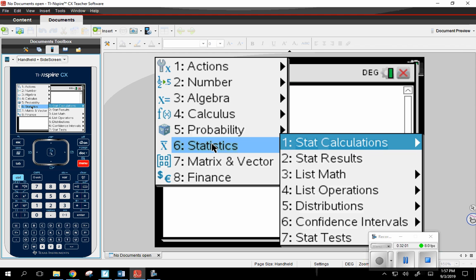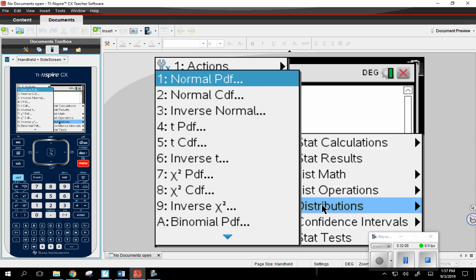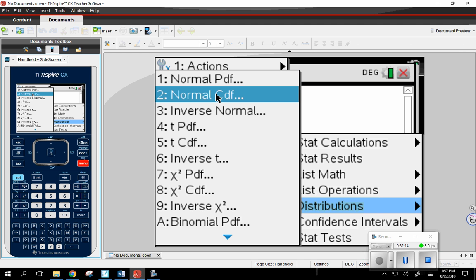Normal distribution. So we want to go to distributions. Then you're going to have another one come up. Now you've got 2 normals: normal PDF and normal CDF. You want CDF. Normal CDF.